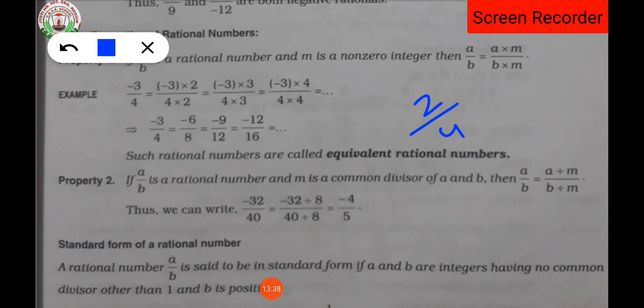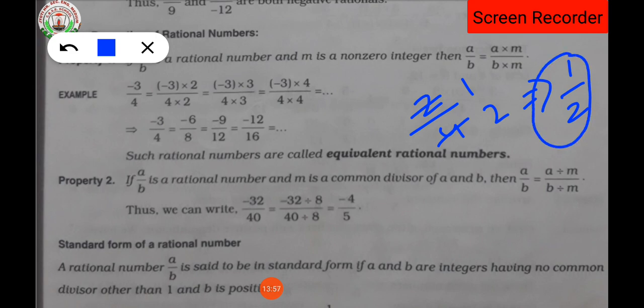A simple thing: we are going to cancel the number. 2 ones are 2 and 2 twos are 4. Now, will this 1 by 2 cancel again? इसके बाद 1 by 2 और cancel होगा? No, it won't get cancelled. So this 1 by 2 is called the standard form of 2 by 4. समझ आया? 1 by 2 जो है वो 2 by 4 का standard form होगा.